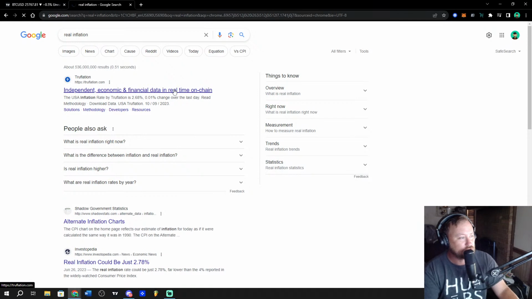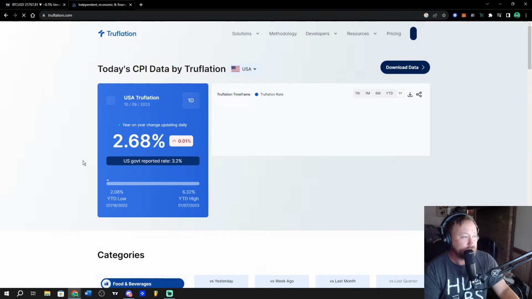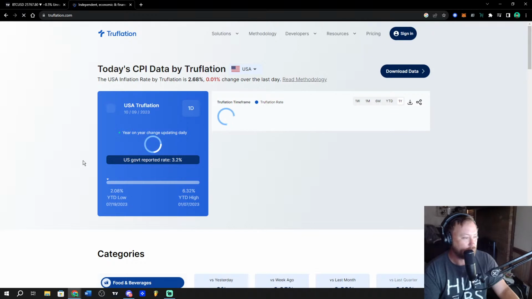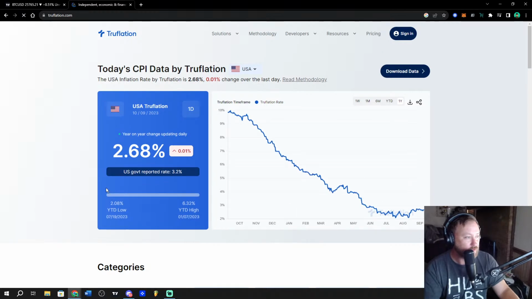Trueflation. You ever heard of Trueflation? Trueflation is supposed to show the real inflation rate. This says 2.68%. It's usually way higher than what they show. One of the best indicators I ever heard was from Raoul Pal.